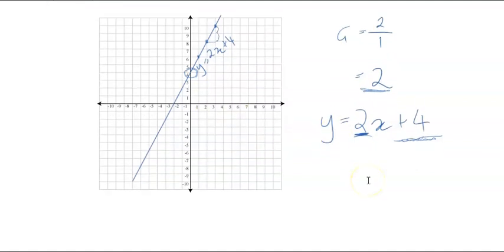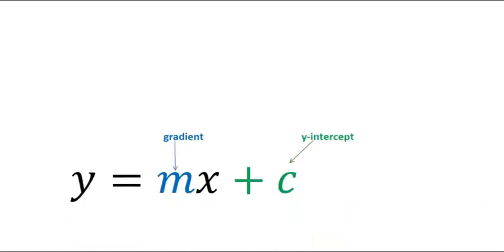So if you have a look at this rule down here, I have outlined it for you. Y is always the y coordinate, x is the x coordinate. The m in y equals mx plus c is always the gradient.